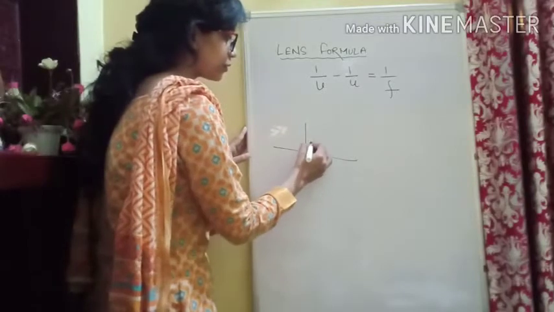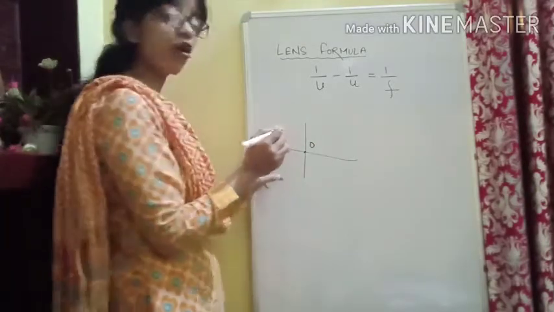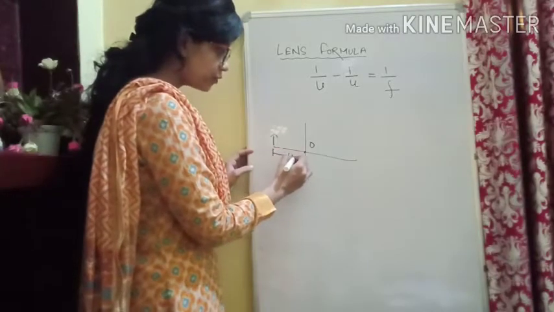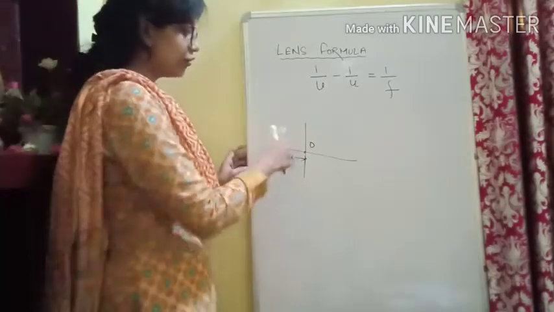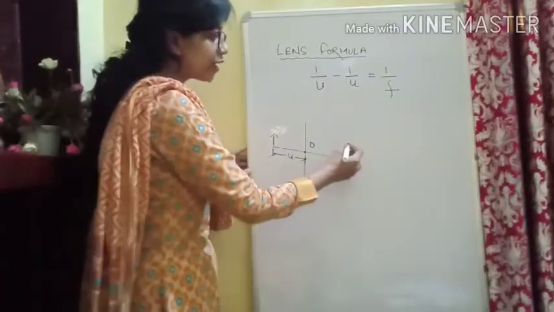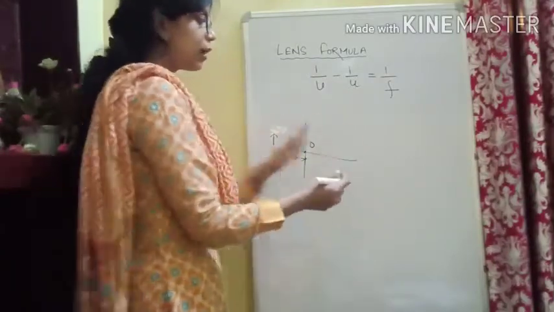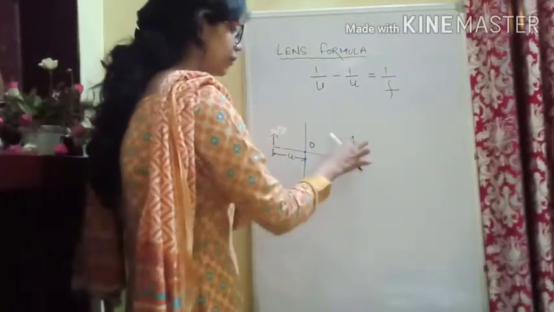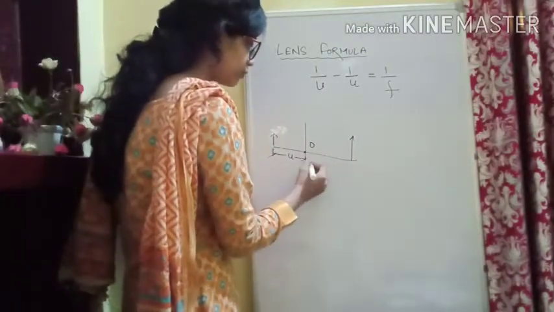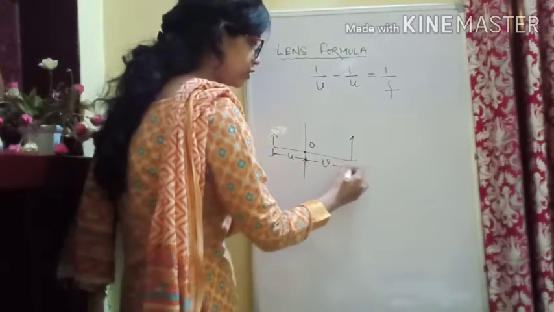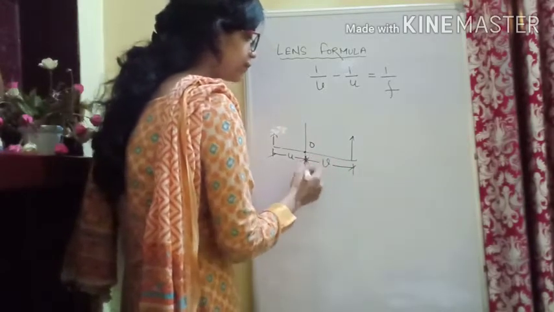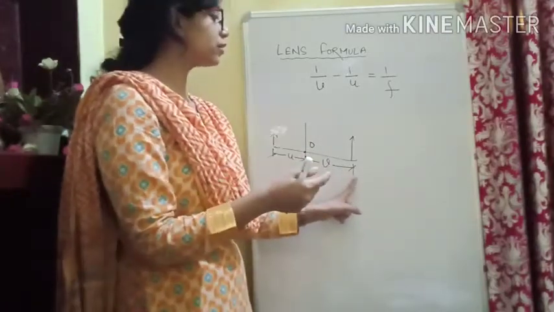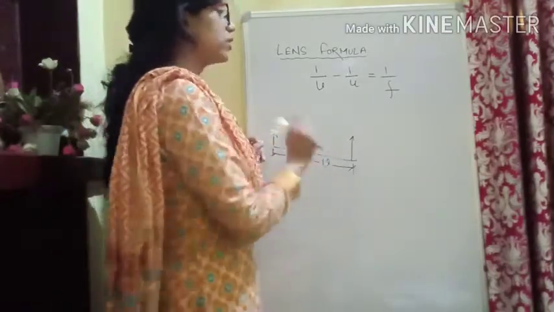Like if this is your optical center where we are placing the object, this is the position of the object and it is the distance of the object from the optical center. We denote it by u. v, wherever we are getting the image, whether upright or inverted, the distance of the image from the optical center, we denote it by v. So v is the distance of the image from the optical center.